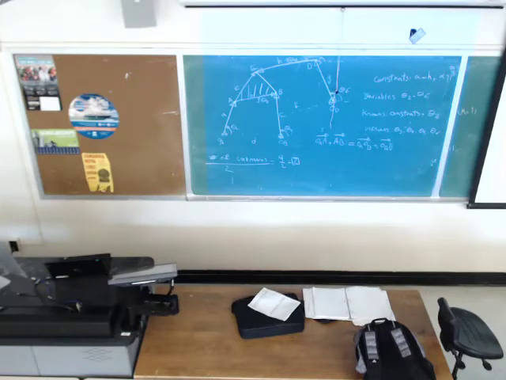Write the X component. This term has A cosine of theta 2. AE has length E, and the angle of this vector with the ground is theta 3 plus alpha, so it's E cosine of theta 3 plus alpha. Alpha is constant, and theta 3 is coming from the first loop.